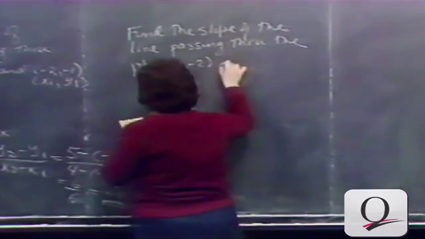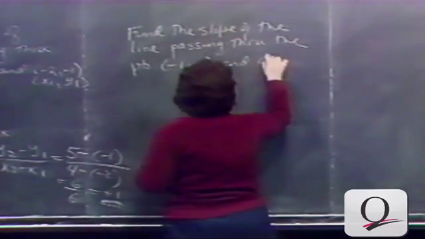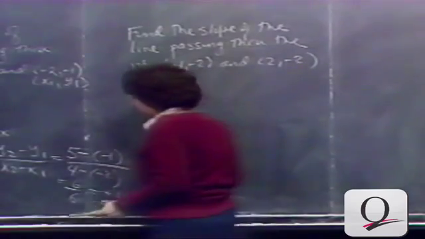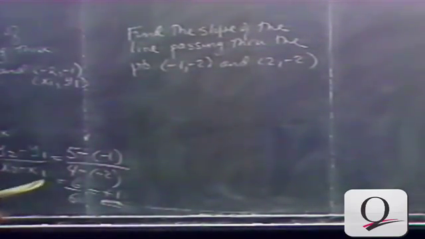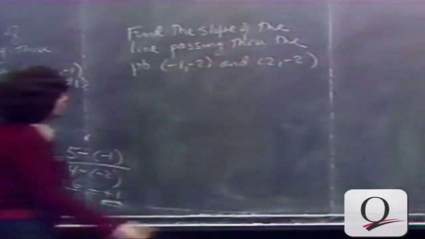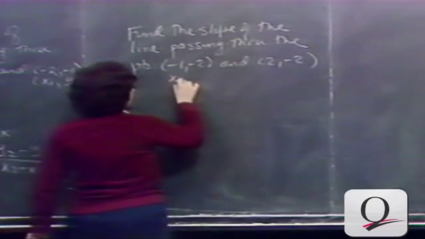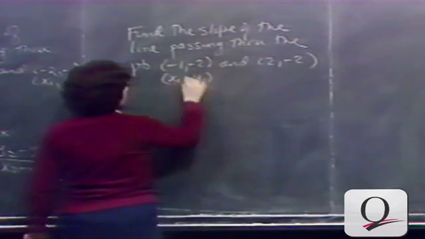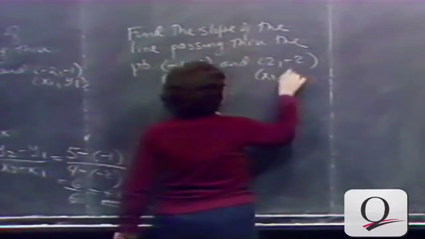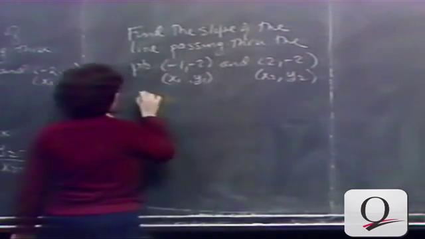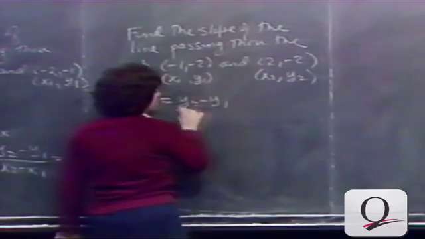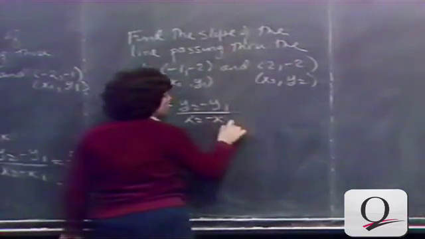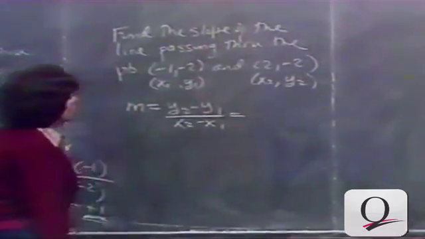-1, -2, and 2, -2. Letting this be x1, y1, x2, y2, we get the slope is y2 minus y1 over x2 minus x1.